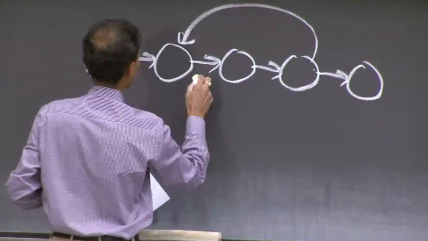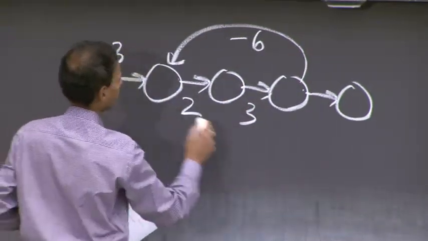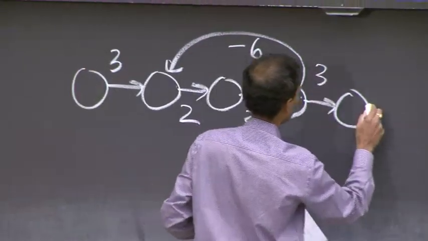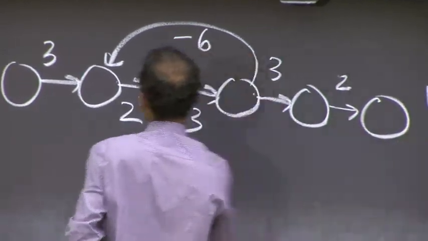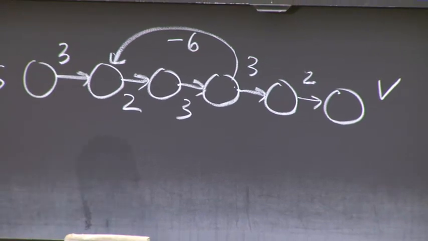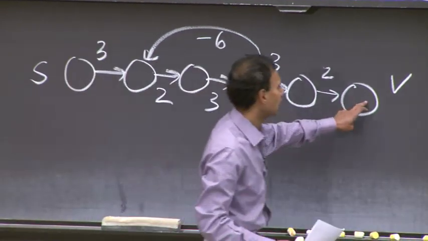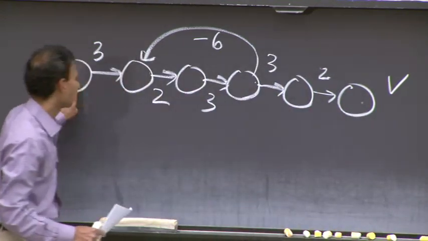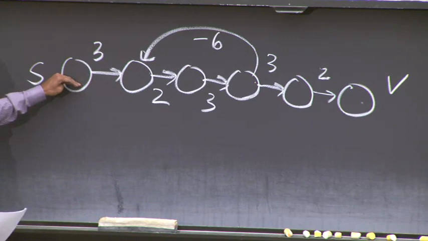So I have something like this: 2, 3, minus 6, 3 over here, 3 over here, and so on. Maybe 2 here. And I want to find the shortest simple path that reaches V from S. Okay? What is the shortest simple path that reaches V from S?